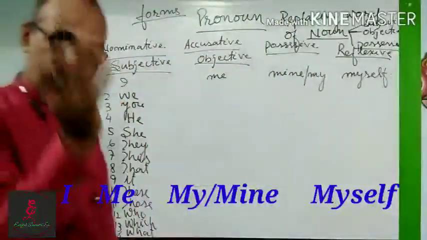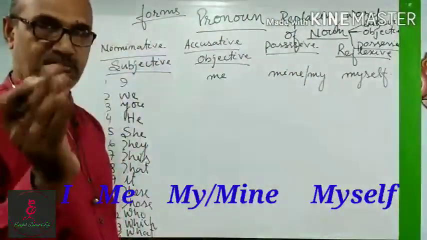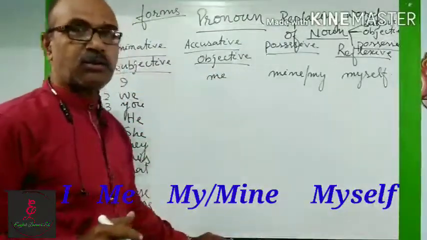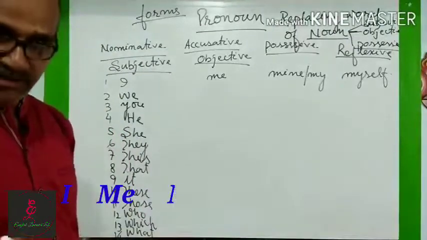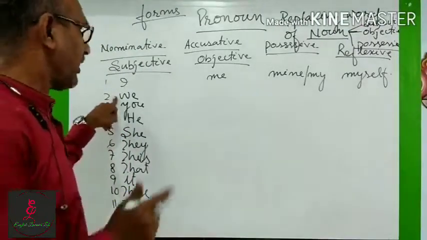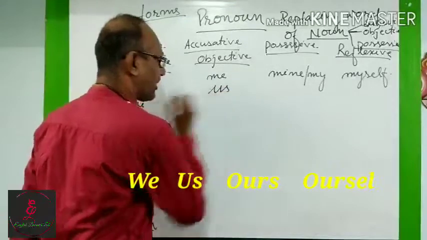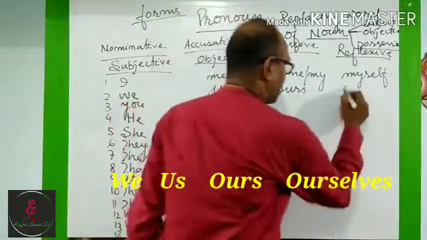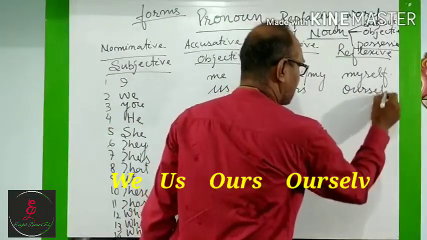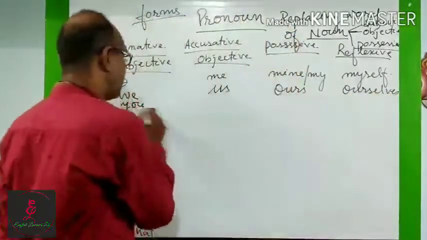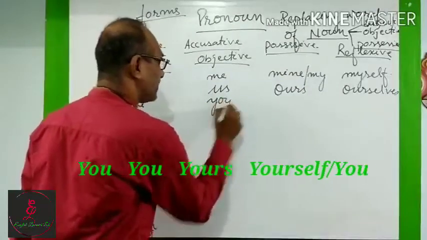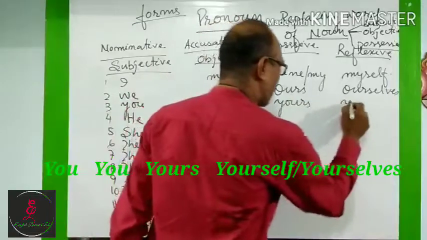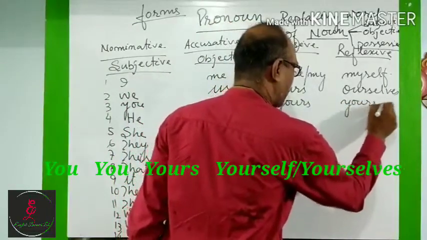Now you can recall your past knowledge and relate it here to complete this whole table. So for we, it is us, ours, ourselves. For you, it is you, yours, yourselves.